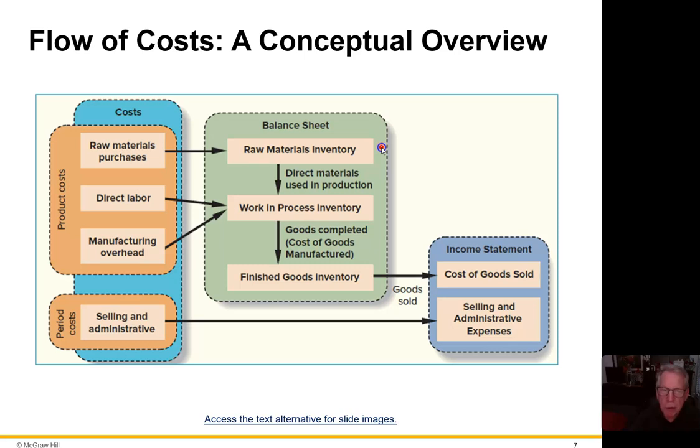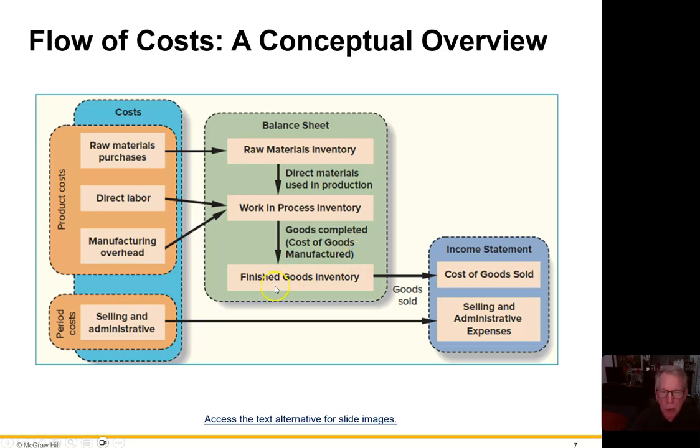Then the direct materials used in production will go directly to work in process inventory, and the indirect materials will go to the overhead pool. And then as we complete those goods, the goods that are completed in work in process inventory will show the cost of those goods that are completed as the cost of goods manufactured.